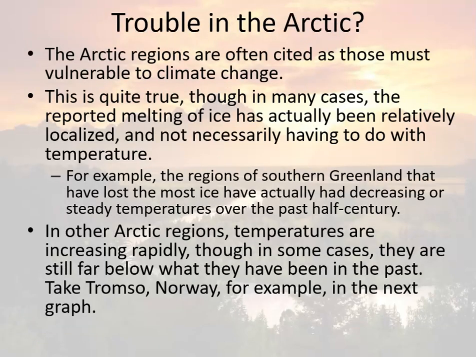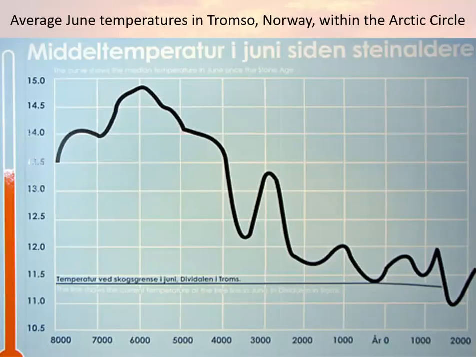Now, given that the Arctic regions are covered with ice for a large part of the year, and ice is highly reflective, a small change in the average temperature of Earth can result in quite significant changes in the Arctic regions. For example, consider this graph of Tromsø, Norway, which I believe is just above the Arctic Circle.